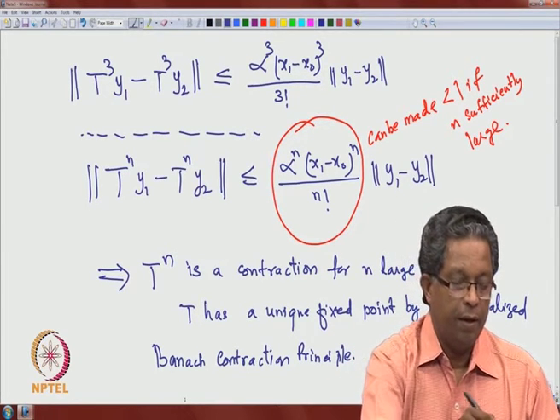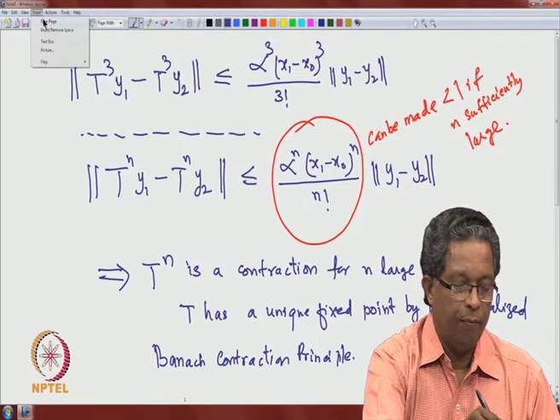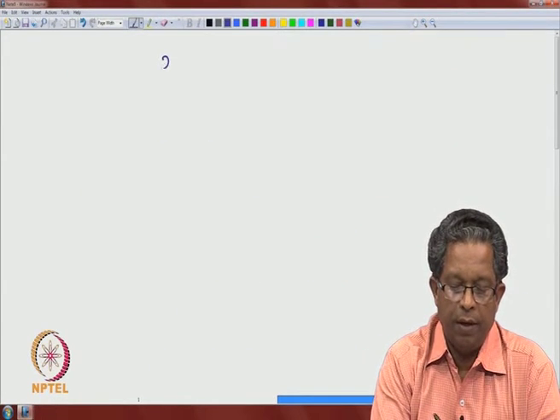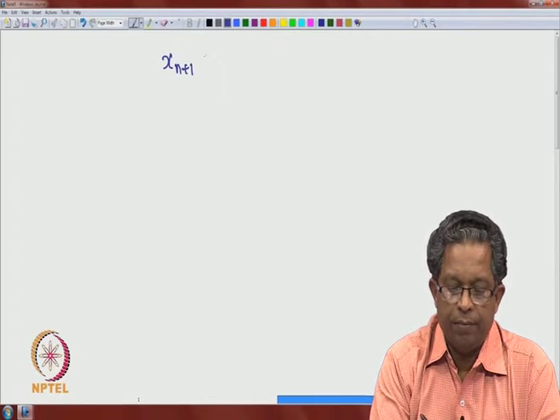And further, the computation of the fixed point, as we have seen, x n plus 1 is equal to T of x n.